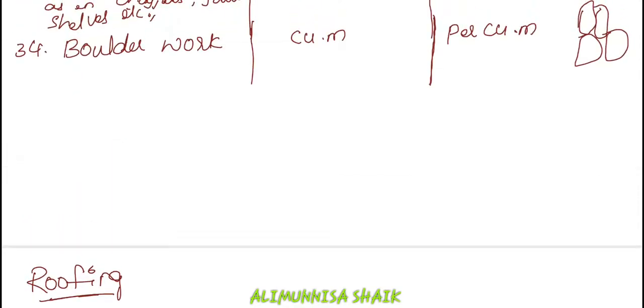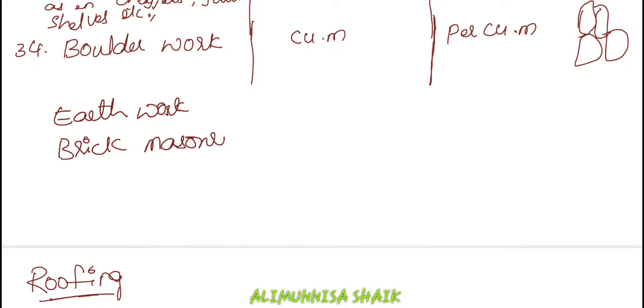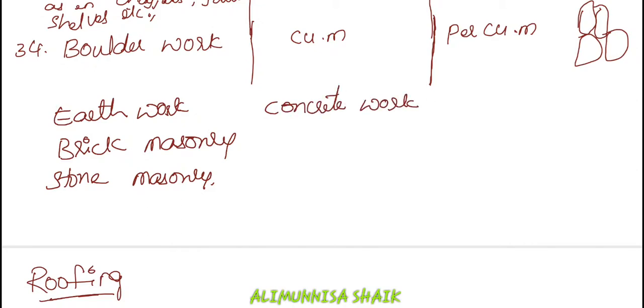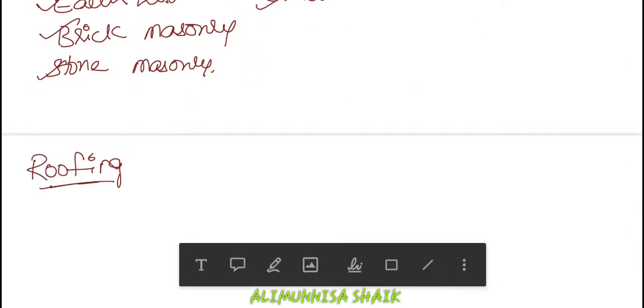Now we have done with earthwork, brick masonry, stone masonry, and concrete work. So, we have completed four items, that is earthwork, concrete work, brickwork and stone masonry. Now, we are going to the next item, that is your roofing.